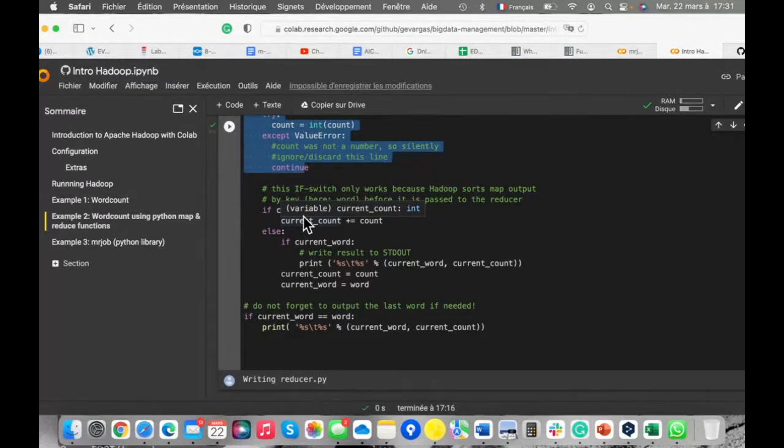If such a key has already been observed, then it doesn't create a new tuple, but it summates the new occurrence. And if the key has not been seen before, it creates a new tuple with the key and the current value, which is 1.